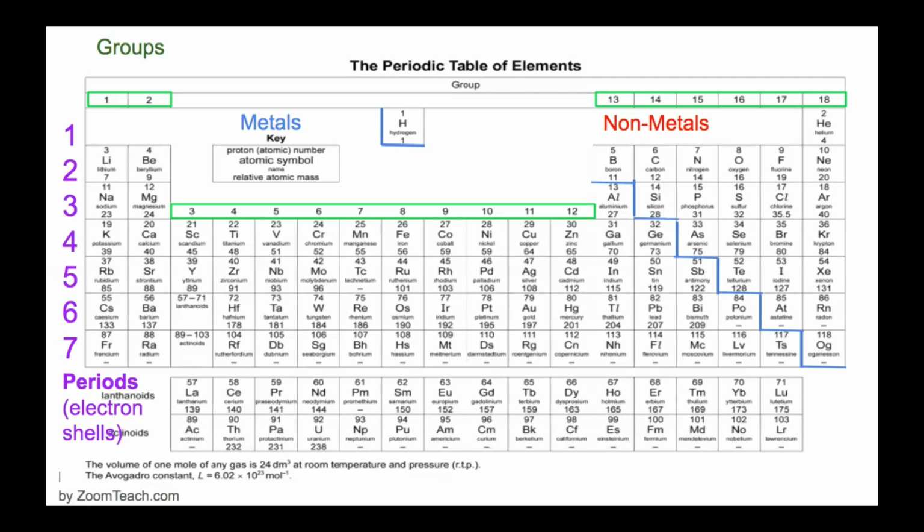So all of the elements are organized by period and group. Right now, we're going to find the locations of these 3 elements according to their group and their period.